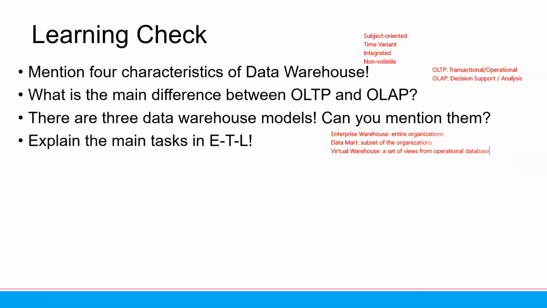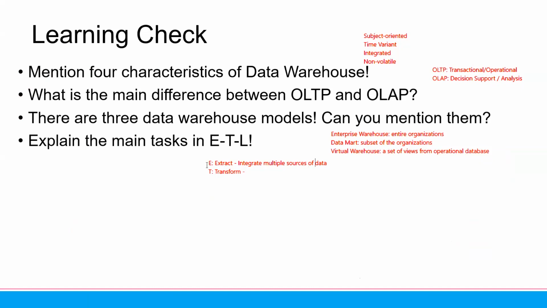Explain the main task of ETL. E means extract. So it means you can extract or integrate from multiple sources of data. And then you have T, it means transform. You transform the data. So integrate the multiple source of data.